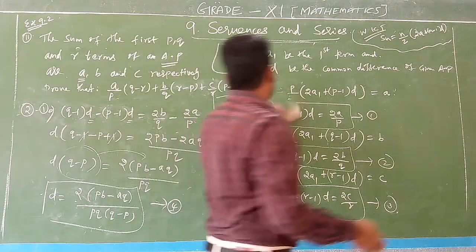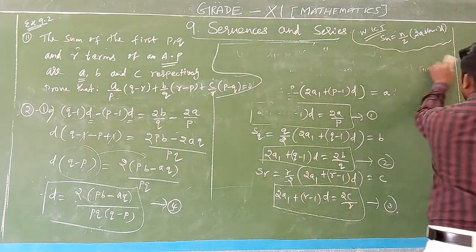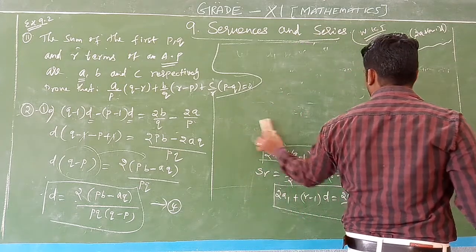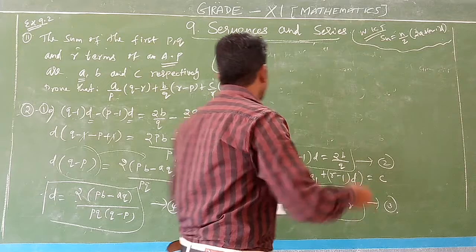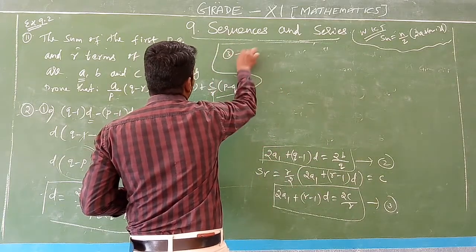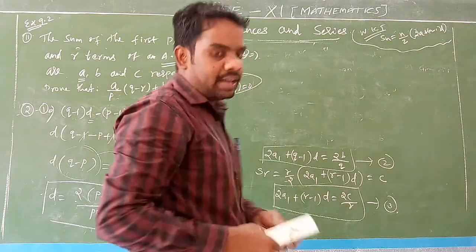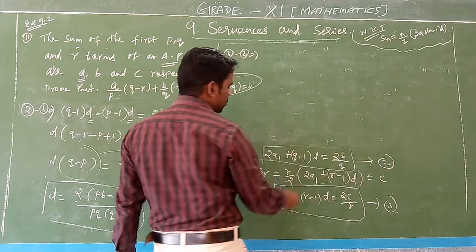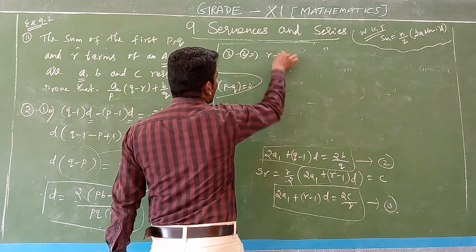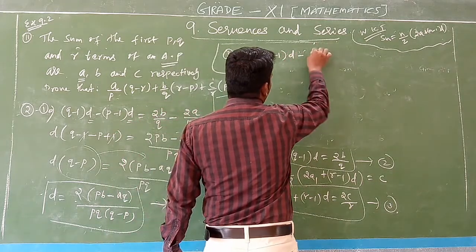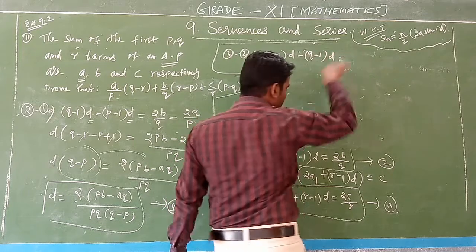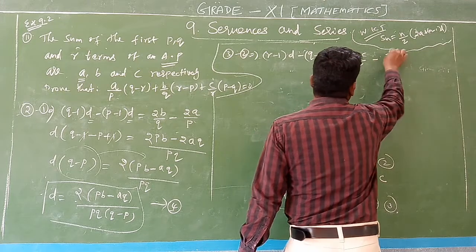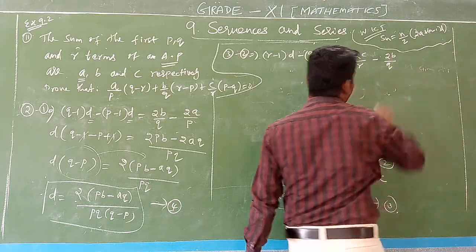Next, subtraction of equation number 2 from equation number 3. The first one was 1 and 2, the second one is 2 and 3. That is equation 3 minus 2. The first term 2a1 is the same in both, so 2a1 cancels. Remaining is (r minus 1) into d minus (q minus 1) into d, and the right-hand side is 2c by r minus 2b by q.